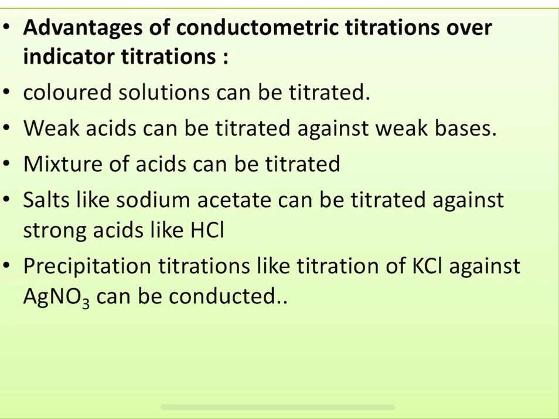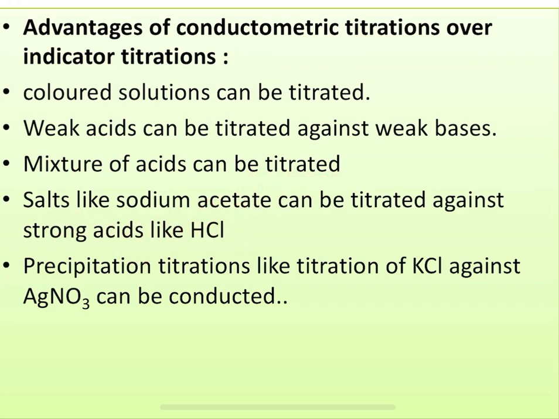But using conductometric titrations, we can find the equivalence point of weak acids against weak bases. Next, if we have a mixture of acids, it is very difficult to find the equivalence point by the conventional method. A mixture of acids can also be titrated by employing conductometric titrations.